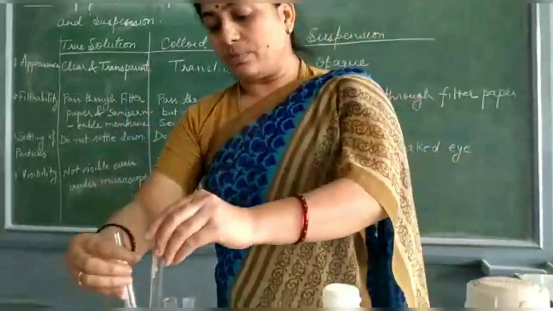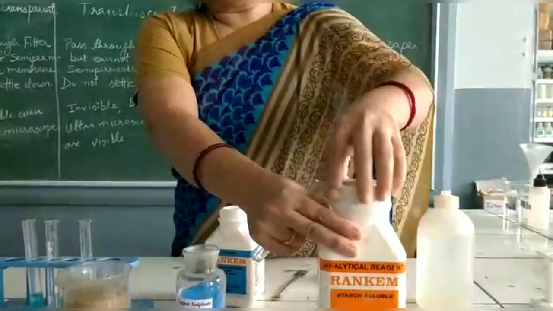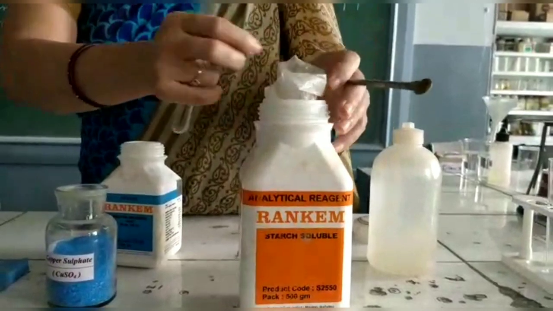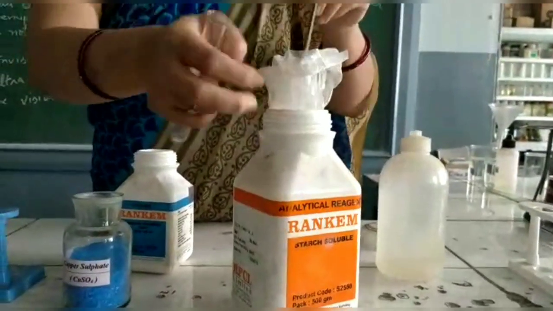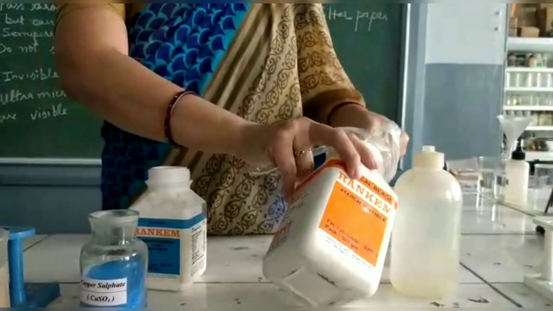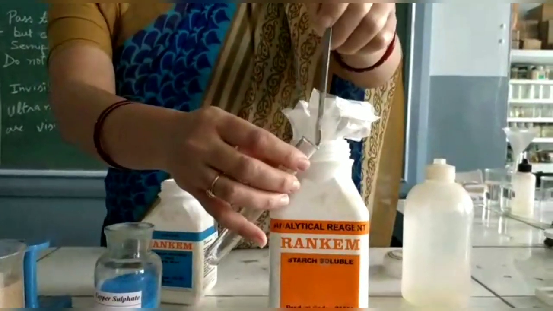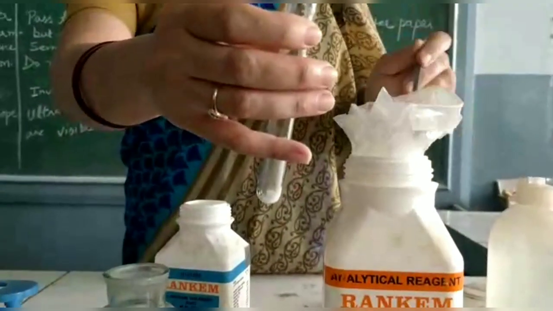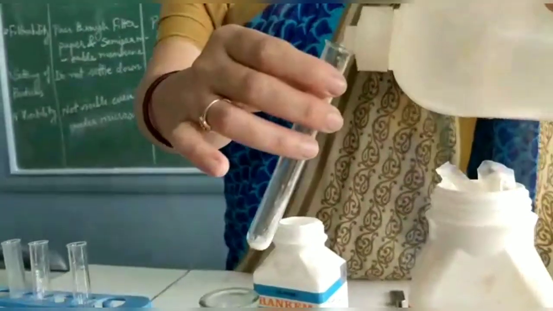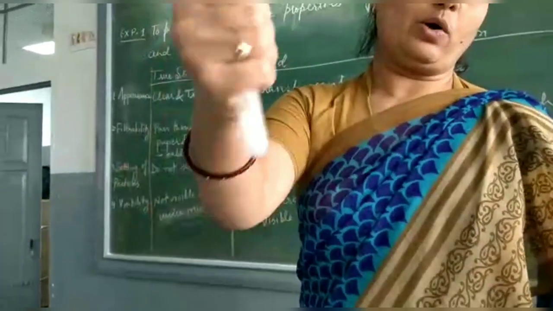Now we'll talk about the preparation of colloid, because we are comparing the properties of true solution, colloid and suspension. For making colloid, I have taken starch. This is starch powder, a very fine powder, and I'm taking a small amount in a test tube and adding some water.